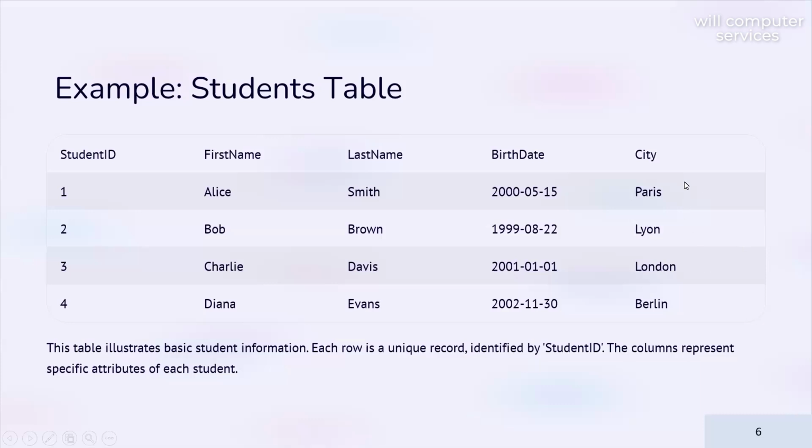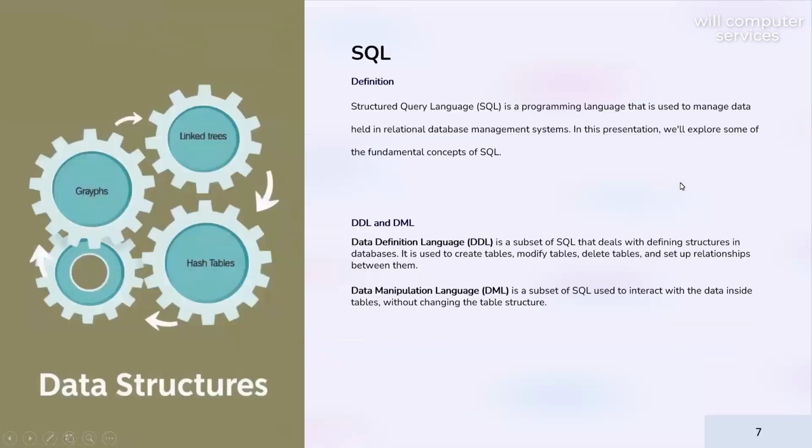So let's continue. Okay, now that we know what a database is, what a relational database management system is, what a table is, what a row and a record are, let's talk about SQL. So what is SQL? SQL is a programming language that is used to manage data held in relational database management systems.